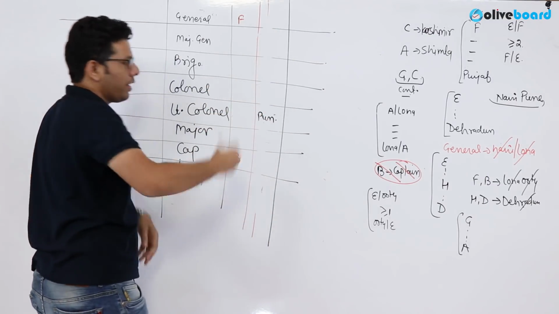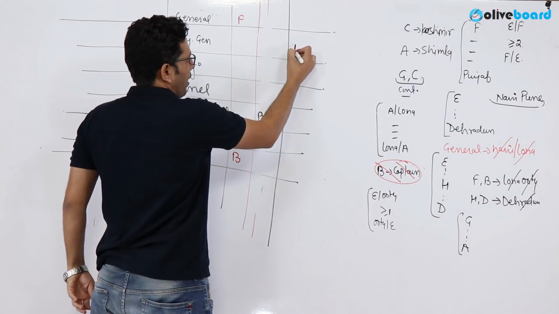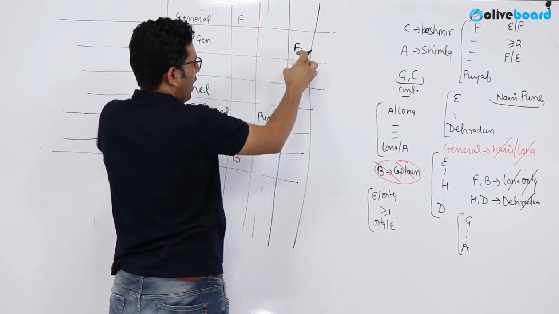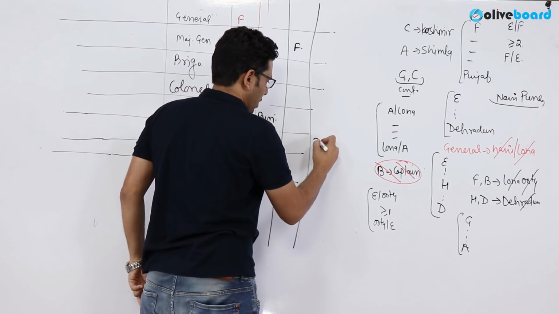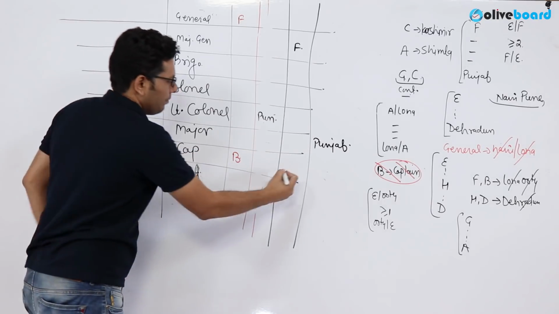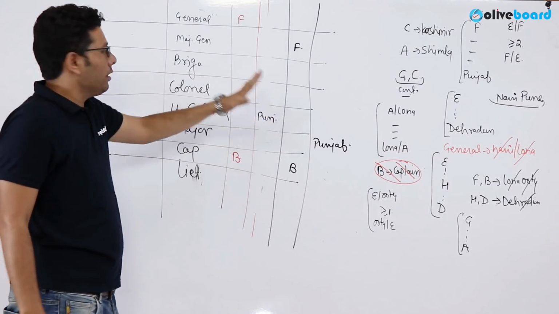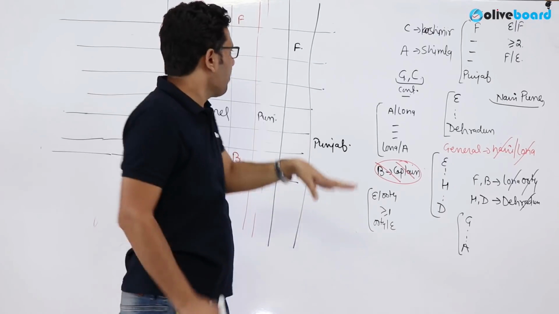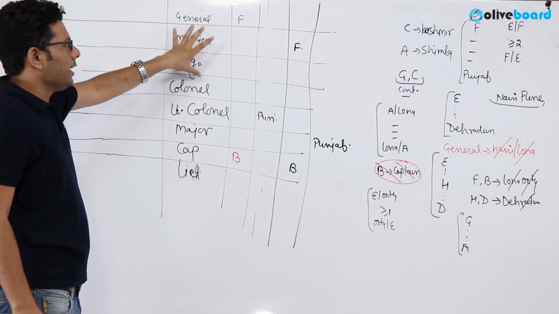There may be one more case: if I take F here, then Punjab would be after 1, 2, 3 here. And B was the captain, that is already fixed. Similarly I can take one more case. I have written this in the middle because I need to take more cases, so I am taking 2 cases here and 2 cases here, so I do not need to write it again and again.